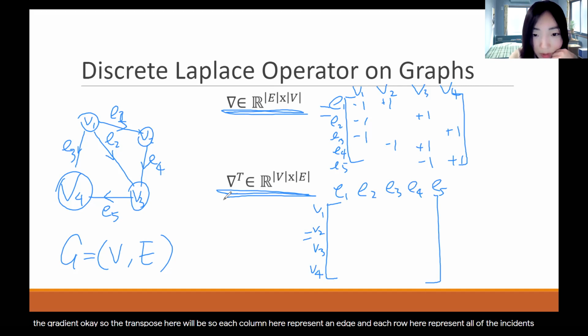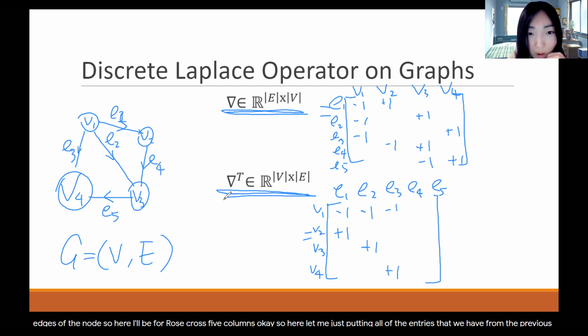Let me just put in all of the entries that we have from the previous matrix. Make sure that you follow how I entered all of these entries.